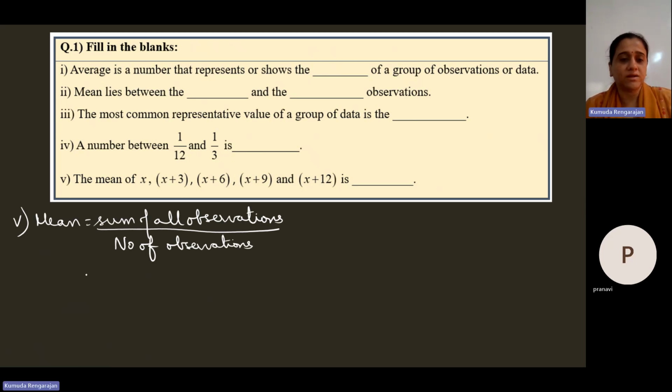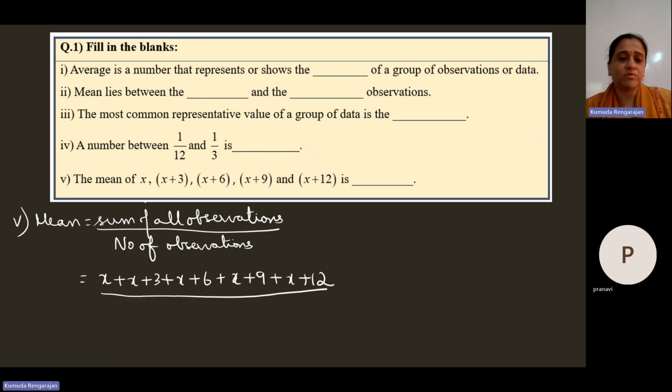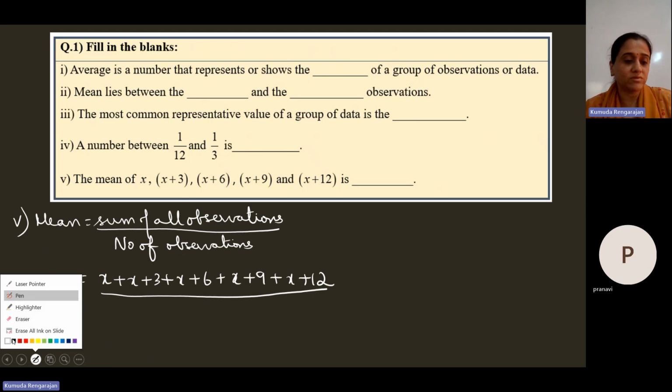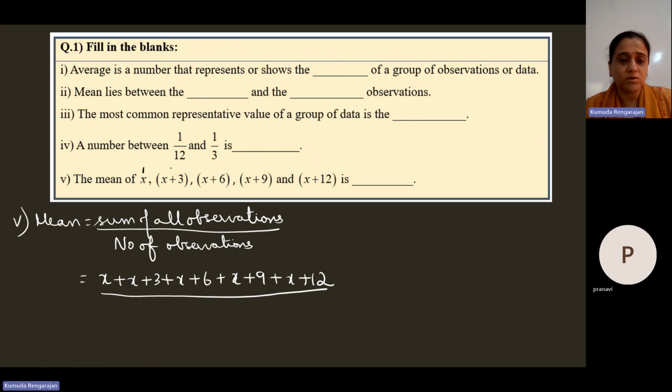That is equal to x plus 3 plus x plus 6 plus x plus 9 plus x plus 12, divided by how many observations? 1, 2, 3, 4, 5. Divided by 5.